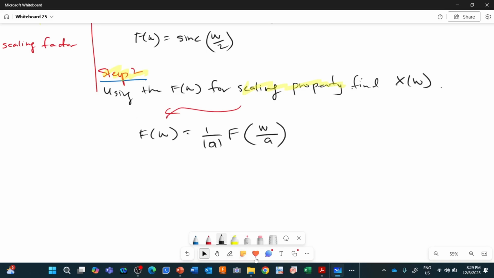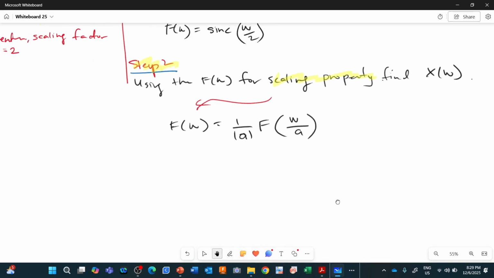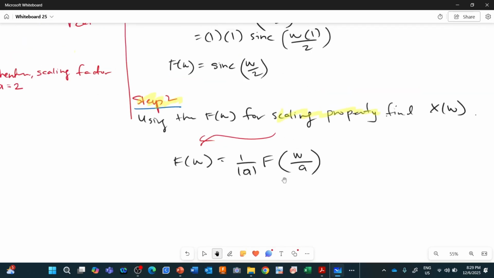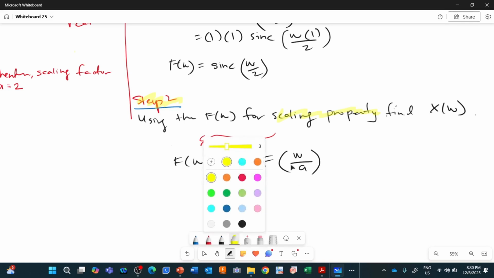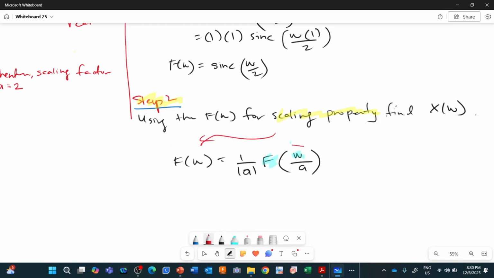Okay. So right now, what does it mean? Why are there two F omega and F omega? So the first one is for the scaling property F omega, because you're trying to find out by using the properties. In the inner equation you have F omega, and this F omega is referring to the one based on the general equation.